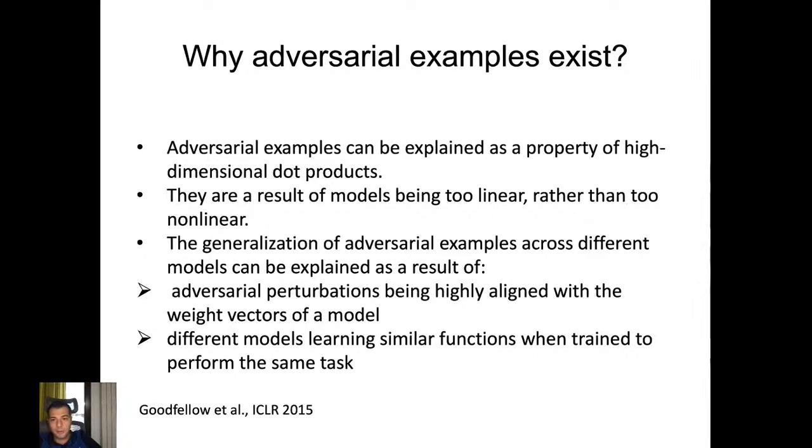We will refer to this again, and they show that, as I explained before, the models are too linear, and this is also why examples can generalize across different models, because adversarial perturbations are highly aligned with the weight vectors of these models.